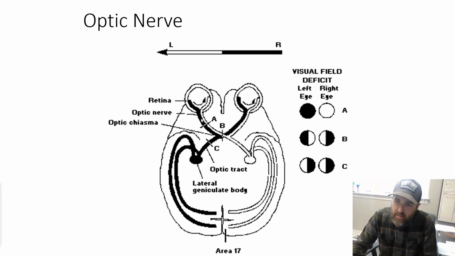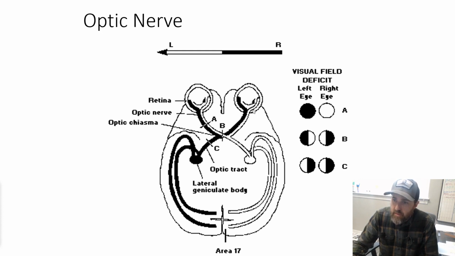So if you look at the lateral retina in each eye, you see that there is a lateral portion of the optic nerve. If we follow this from the left eye, left portion of the retina, you see that there is a portion of the optic nerve, this dark line here, that starts on the left side of the body and continues on the left side of the body until it reaches the left side of the brain.